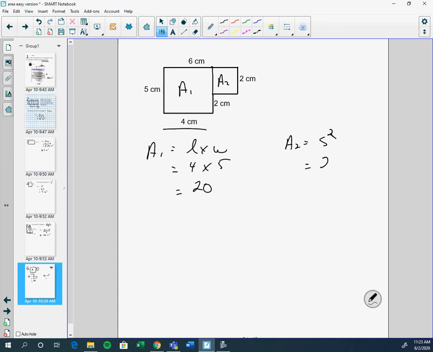So it's going to be 2 squared, which is 2 times 2, which is 4. So then I'm going to write AT, total area. You're going to have to add them together. 20 plus 4, or 24. This is square centimeters. Okay, so that is area of a rectangle or a square or a triangle.